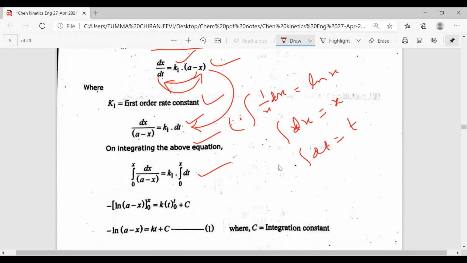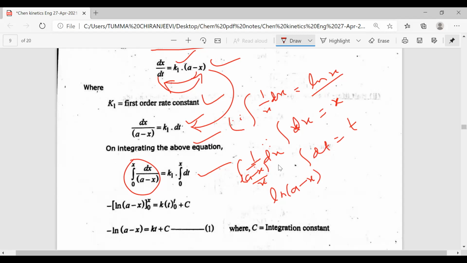So how can you write this? If you observe, the integral of 1 by (a minus x) dx is just like 1 by x. The integral of 1 by x dx, according to the formula, is equal to log x. So we write log x in the place of x; here you can write it as a minus x.